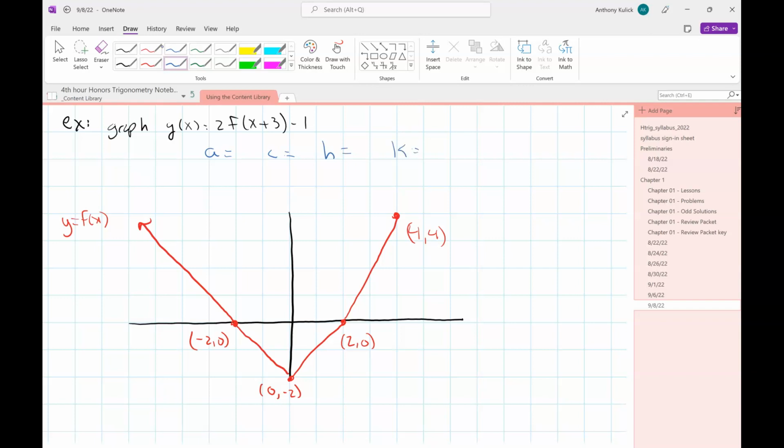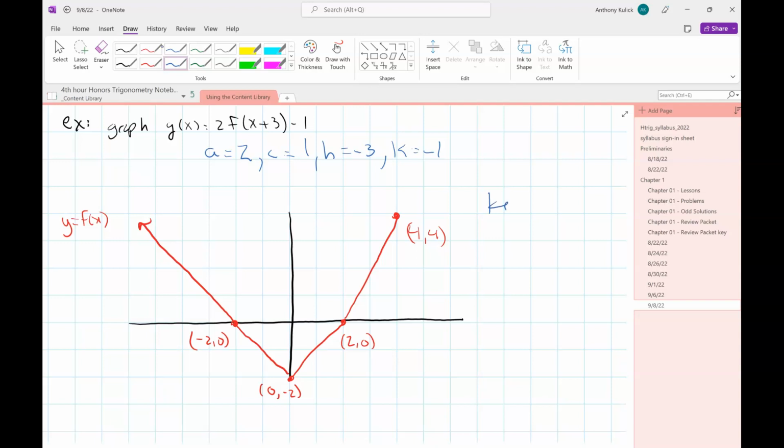What's my value for a? 2. What's my value for c? 1. What's my value for h? -3. And what's my value for k? -1. Now somehow I need to use this to transform the stuff in red.